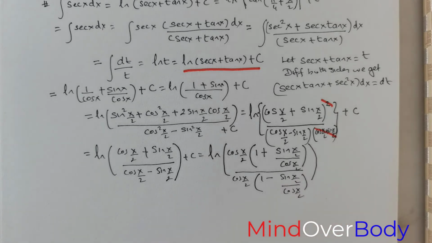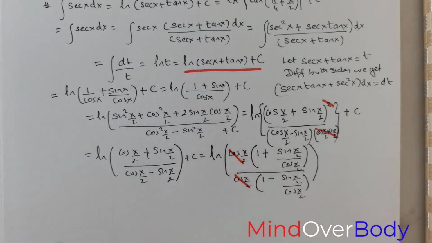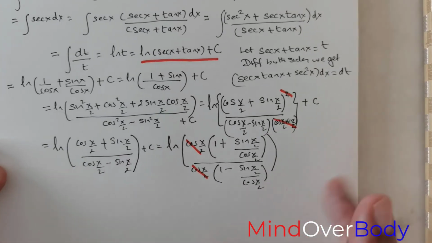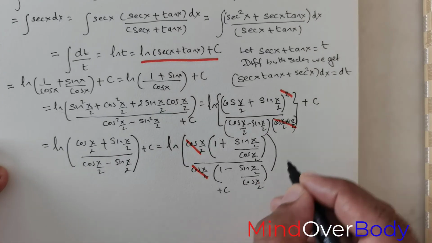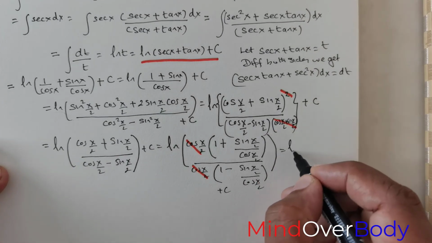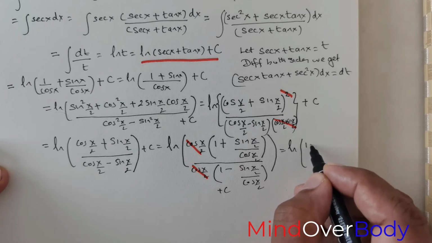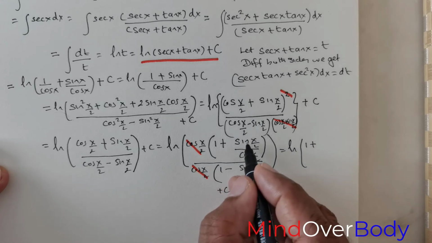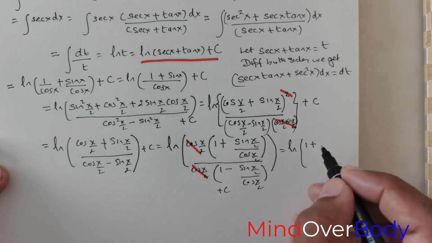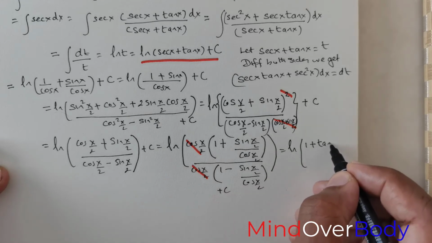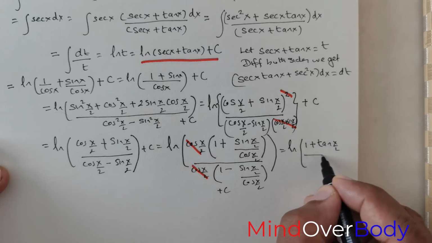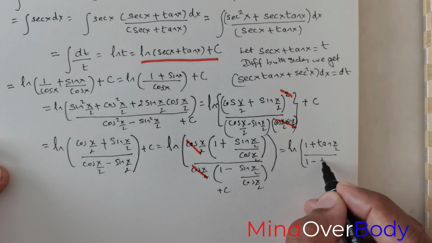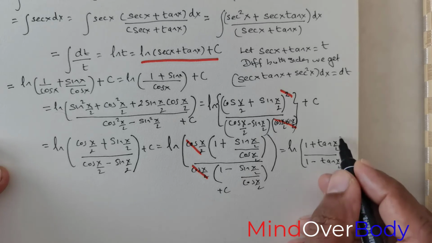Now clearly cos x/2 can be cancelled, and I can rewrite this as ln of (1 + tan x/2) divided by (1 minus tan x/2).